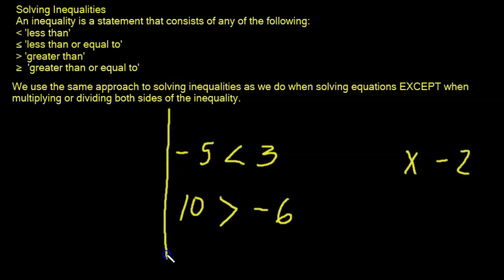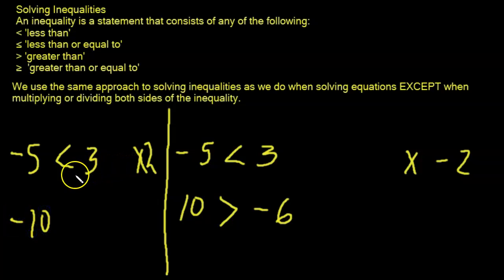Now let me just put this back again. Minus 5 is less than 3. What if I should multiply both sides by a positive 2? So positive 2 times minus 5, that's minus 10. And positive 2 times 3 there, that's 6. And this statement is actually true.